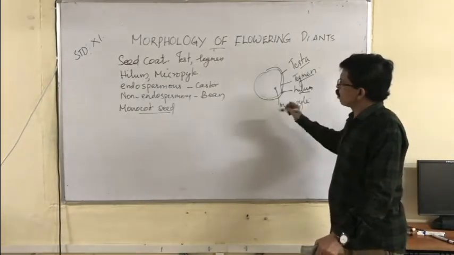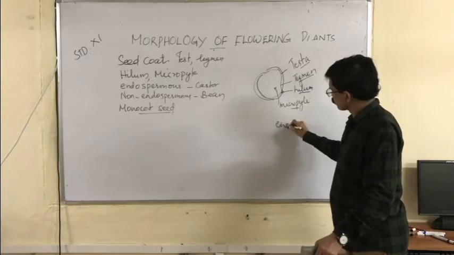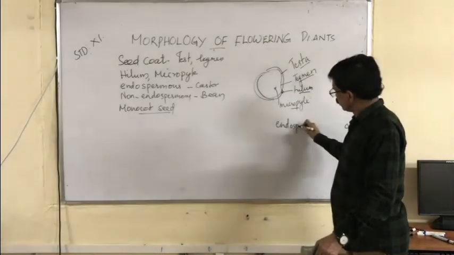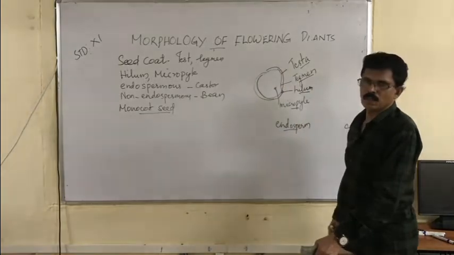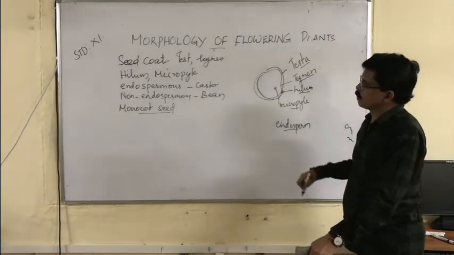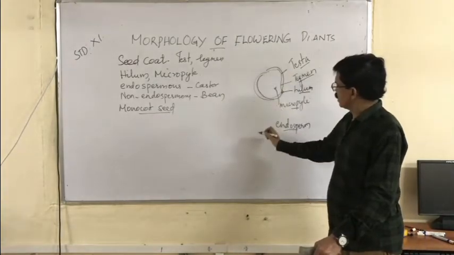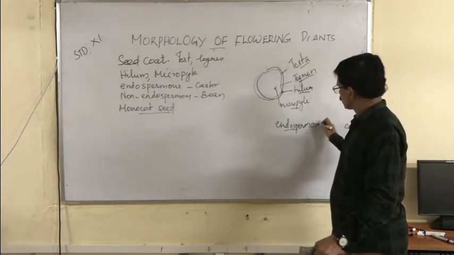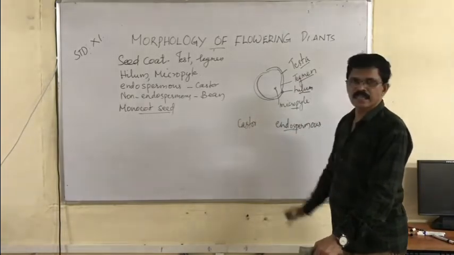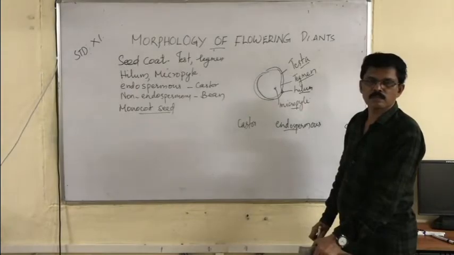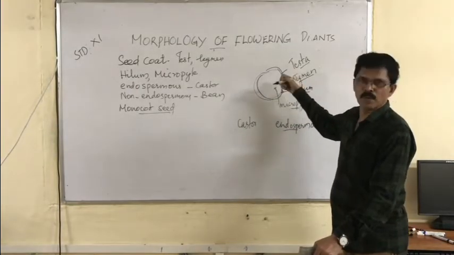A seed may or may not contain endosperm. What is endosperm? Endosperm is the food that is stored inside the seed. Some seeds contain endosperm. We call them endospermous, like the castor seed, where the food is utilized by the developing embryo.